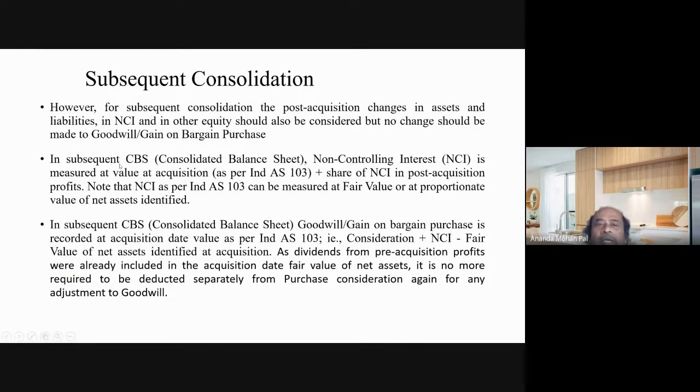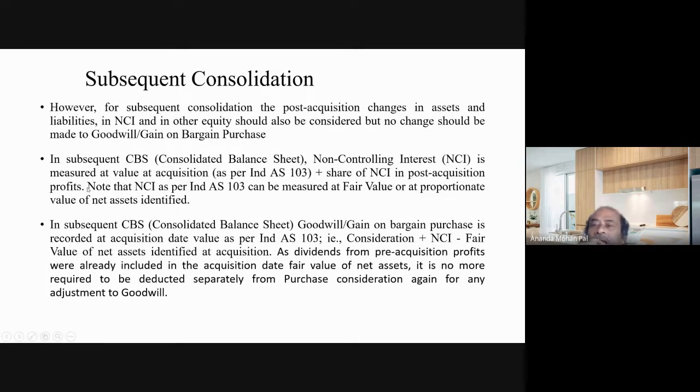In the subsequent consolidated balance sheet, non-controlling interest is measured at its value at acquisition as per Ind AS 103, plus the share of non-controlling interest in post-acquisition profits. Suppose they have a 20% share, then that 20% applies to post-acquisition profits.